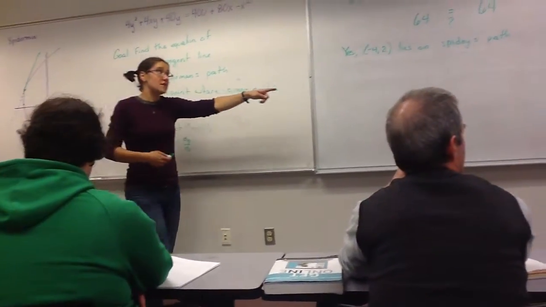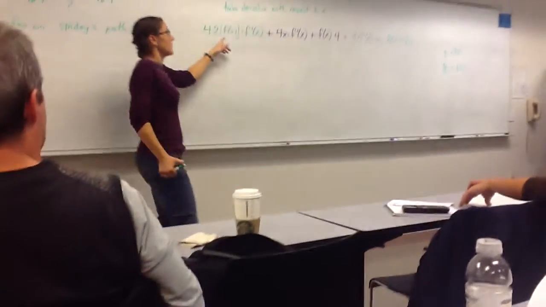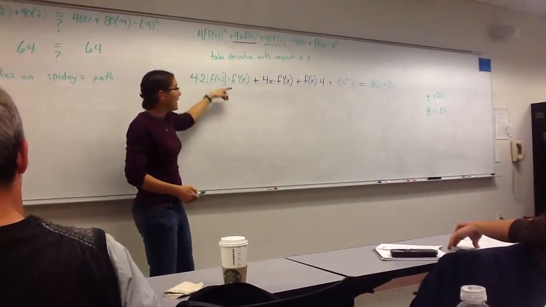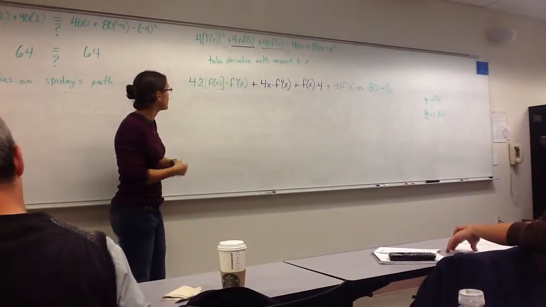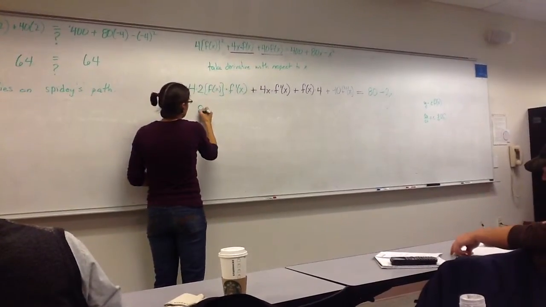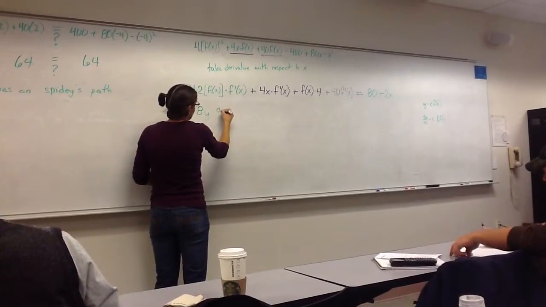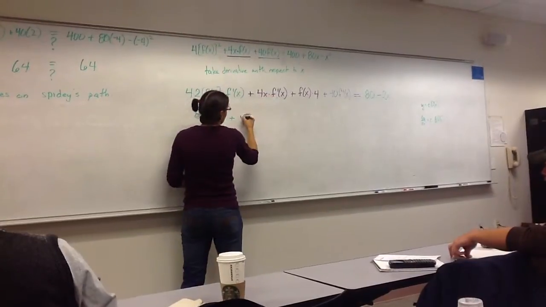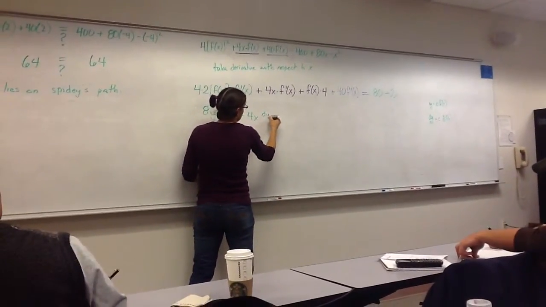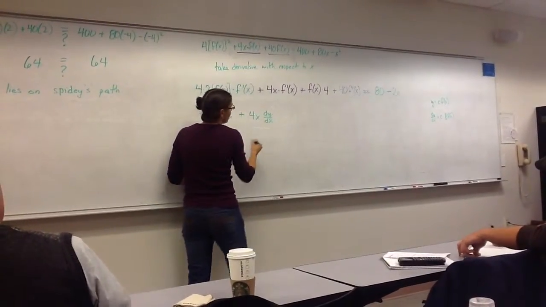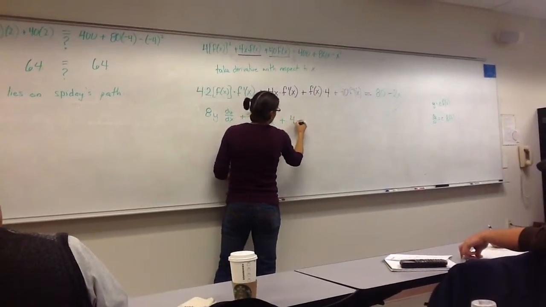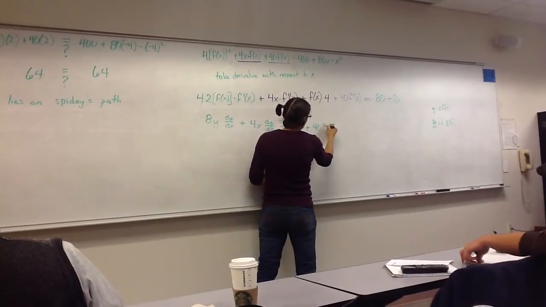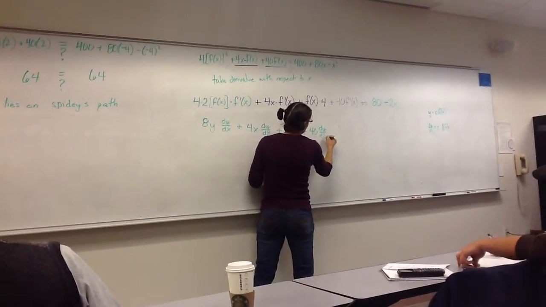To make my life easier, this is a lot of parentheses, and dealing with parentheses is kind of a pain in the neck. I'm going to revert back to my x and y notation. So I've got 4 times 2, which is 8, times y times dy over dx, plus 4 times x times dy over dx, plus 4 times y, plus 40 times dy over dx.